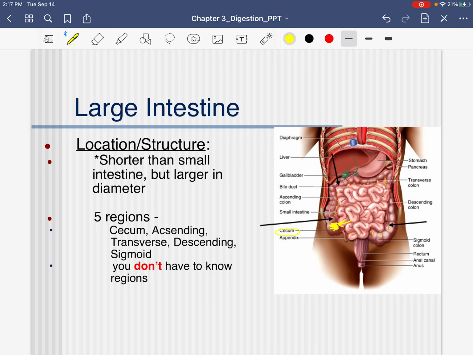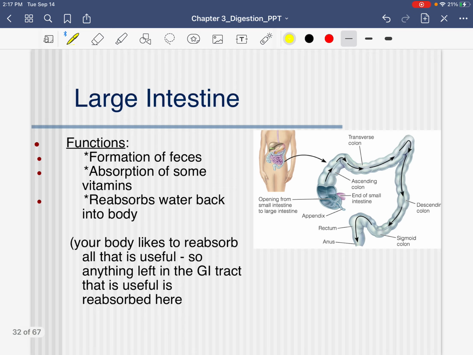This is considered the ascending portion because whatever is left is moving up. We have the transverse section because food stuff or waste is moving transversely. And then we have the descending colon because whatever is left is moving down. And then the very end, right before we get to the rectum, is the sigmoid colon. But you don't have to know them.